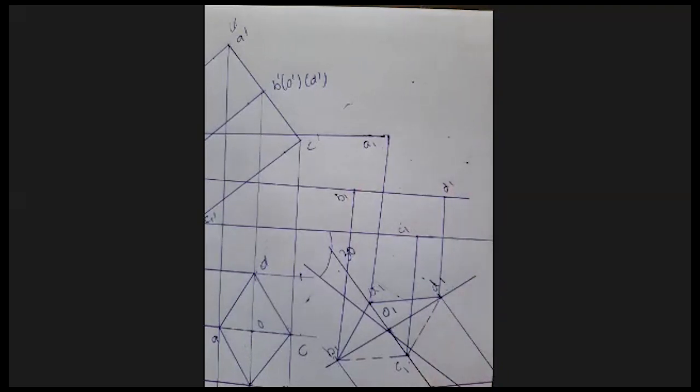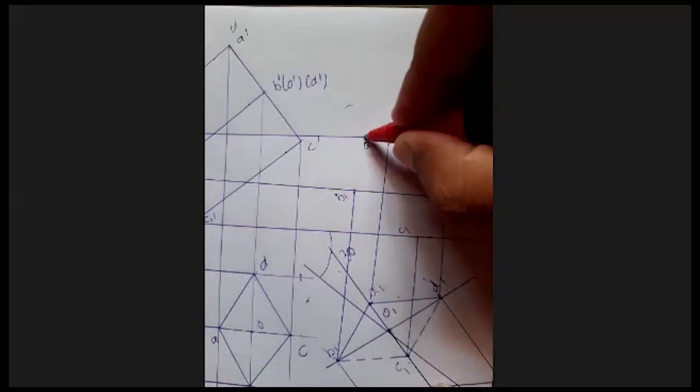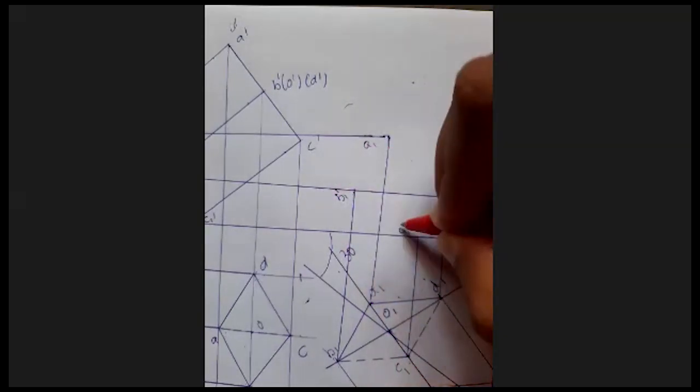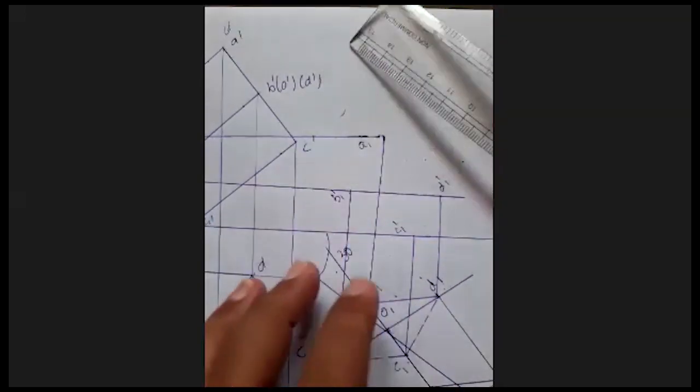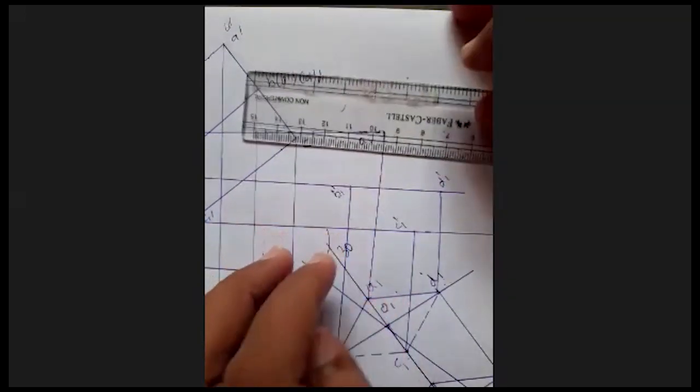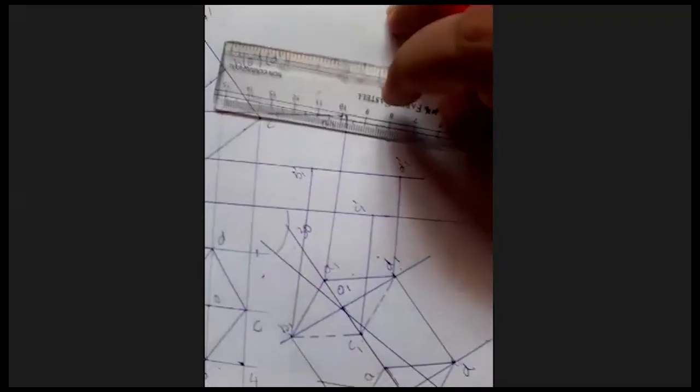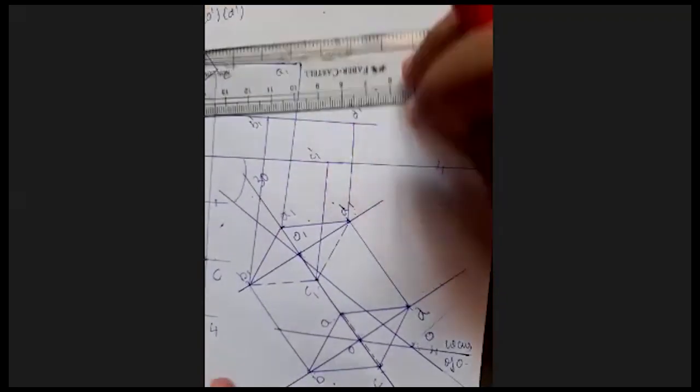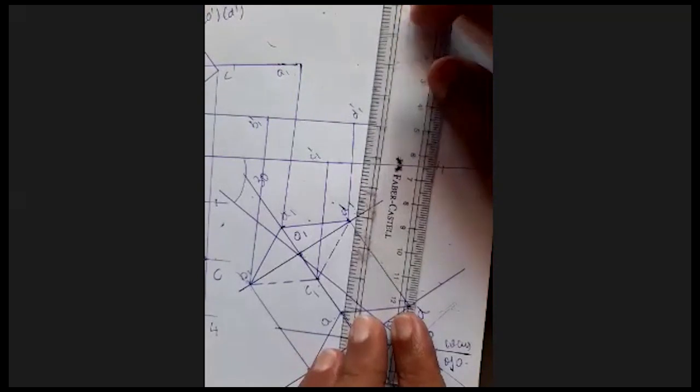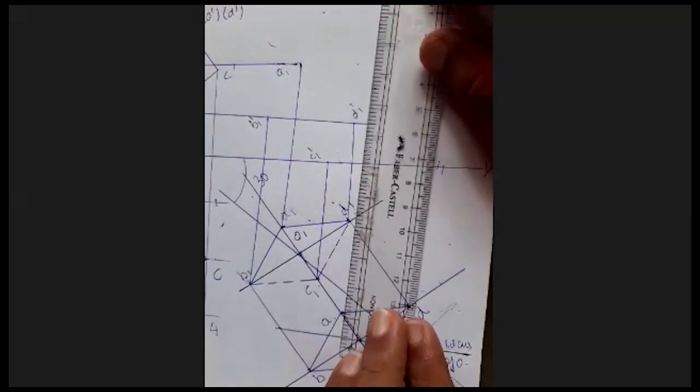Again, I'm going to do it with a dash. That is A1 dash, B1 dash, C1 dash, and D1 dash. Then I have the lines of the top base, which I need to project on top. So I have a point A, which is at the top.